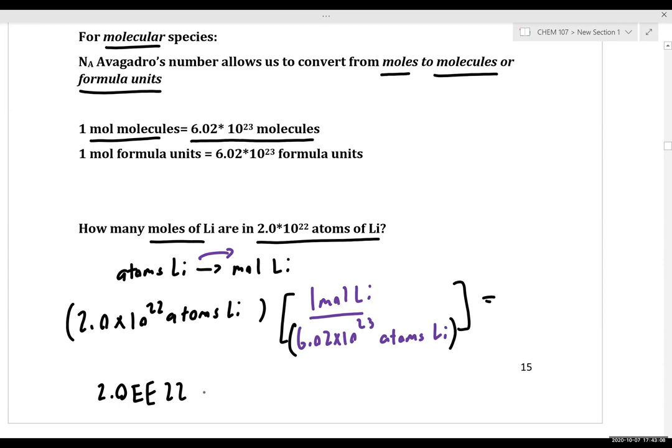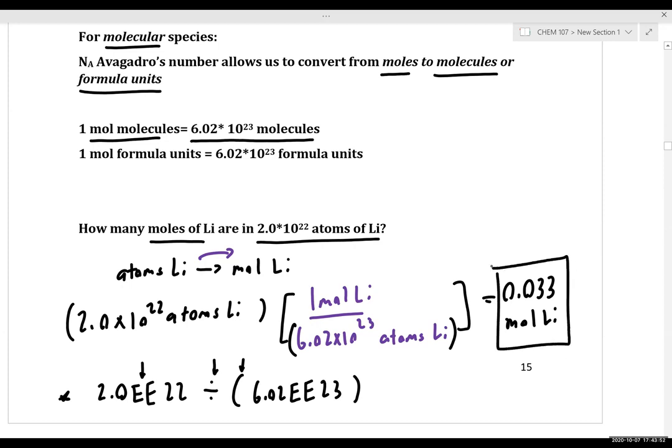And then you're going to hit the division symbol, parentheses 6.02 EE23. If you enter it exactly the way I've written it down here, and you push each of these buttons in this order, you won't have any rounding errors. So if we divide by parentheses 6.02 EE23, that gives us, for our moles of lithium, 0.033 moles of lithium.